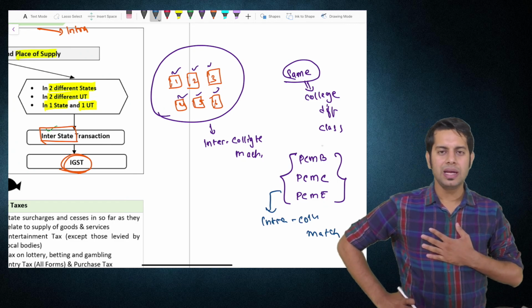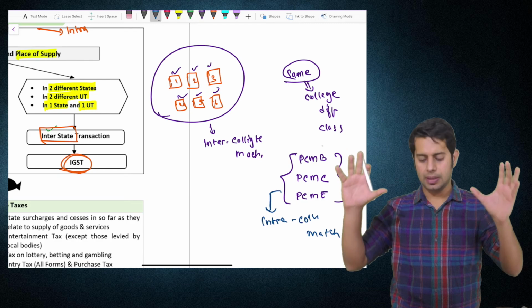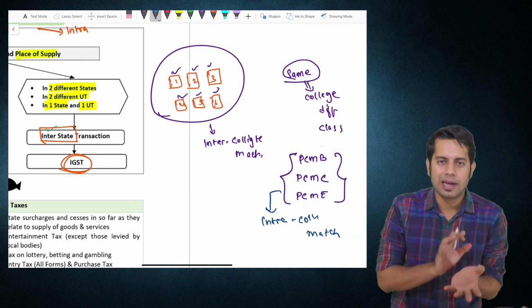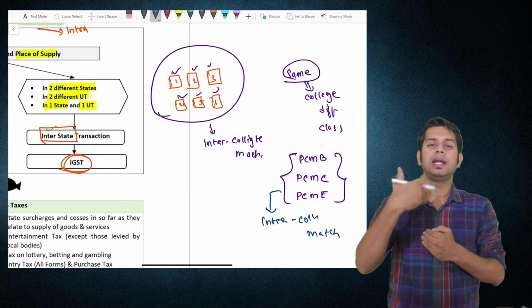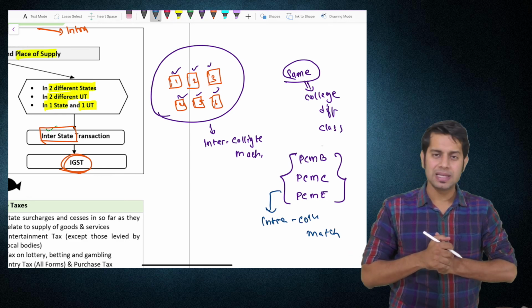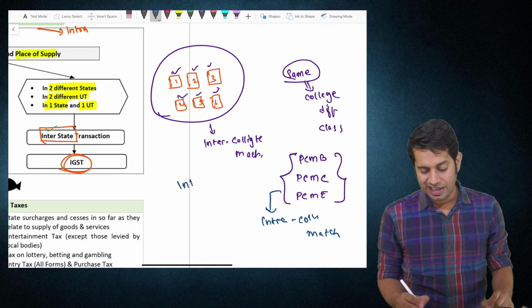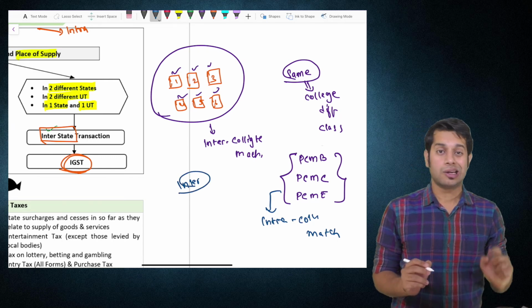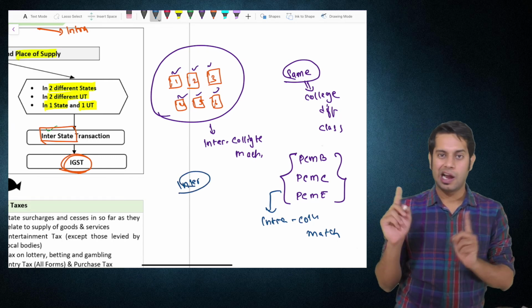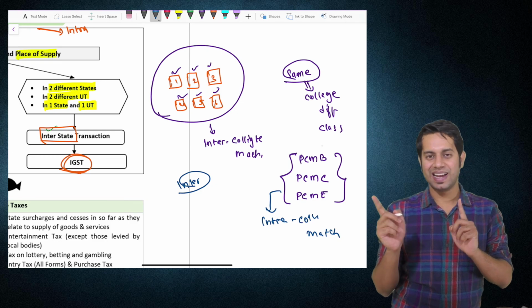If you are competing with your own people, then intra. If you are competing with people of some other place, then it is called inter.